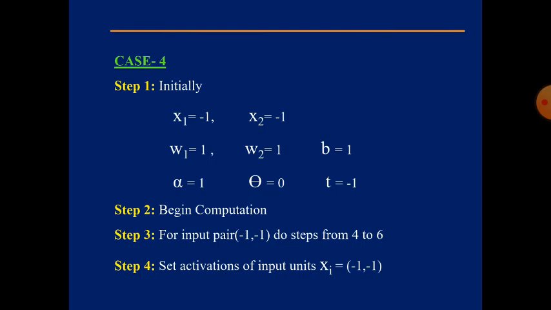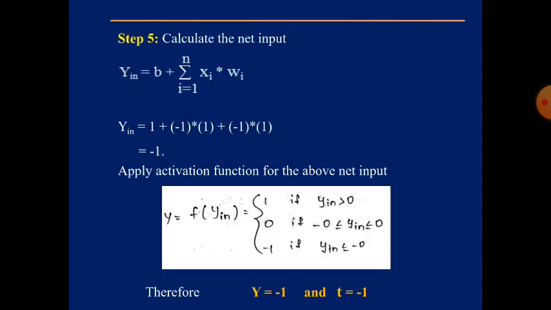Now we will calculate the net input. As you know the formula, yin equal to b plus sigma i equal to 1 to n xi into wi. So b is 1, plus x1 is -1, w1 is 1, plus x2 is also -1, w2 is 1.